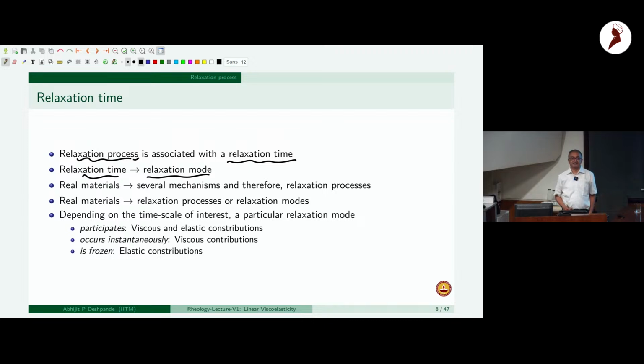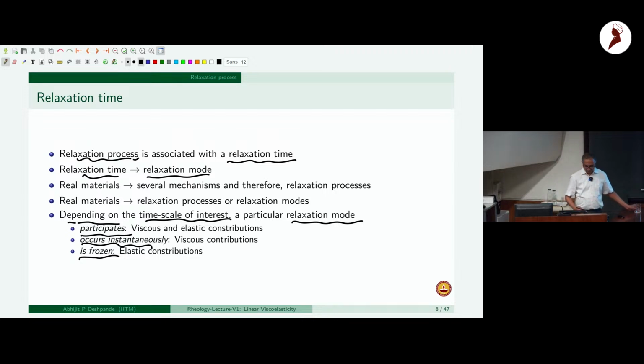So there are several relaxation modes in the material, and depending on the time scale of interest, a particular relaxation mode may be frozen, like the relaxation mode of defect diffusion in a crystalline solid is effectively frozen for many mechanical interests, or occurs instantaneously like the gaseous or liquid molecule motion, or it could be something in between.